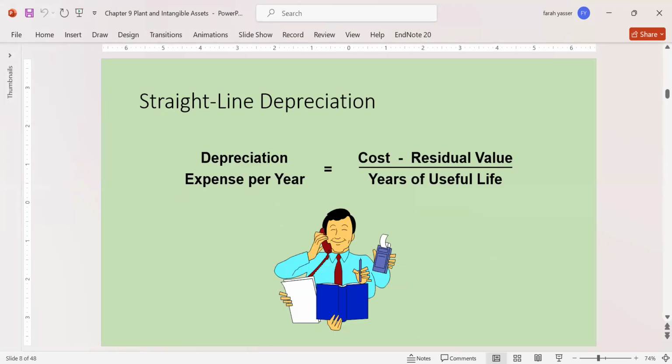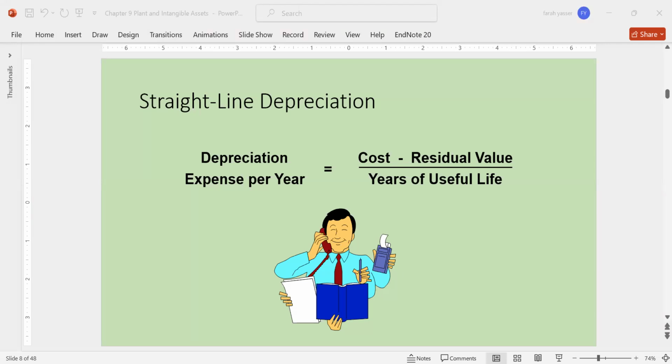So we have two different types. First of all, the straight line method of depreciation. It is one of the simplest and most commonly used methods to allocate the cost over the useful life of the asset. In this method, the cost of an asset is evenly spread over the useful life.